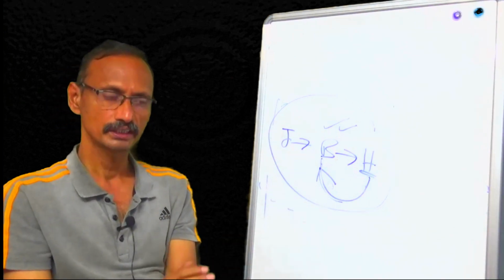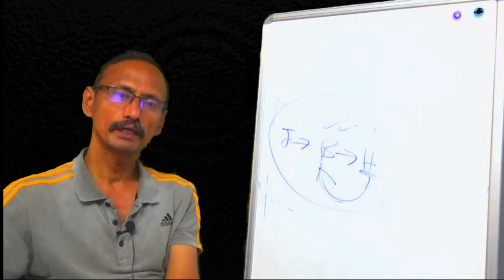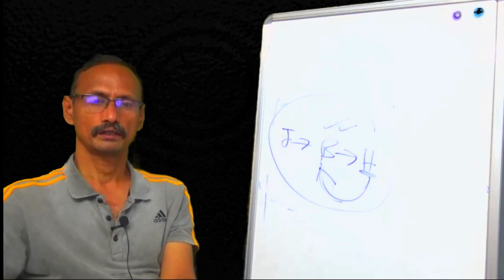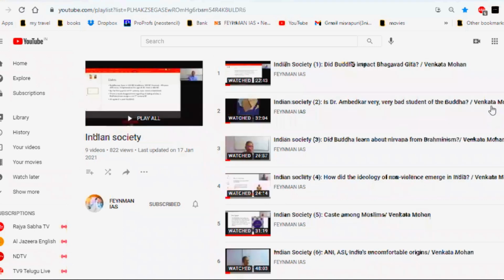In fact, I did not write for this book. I made videos on my understanding. For example, these are the videos. Did Buddha impact Bhagavad Gita? And then I read Ambedkar. Ambedkar, very, very bad student of Buddha.